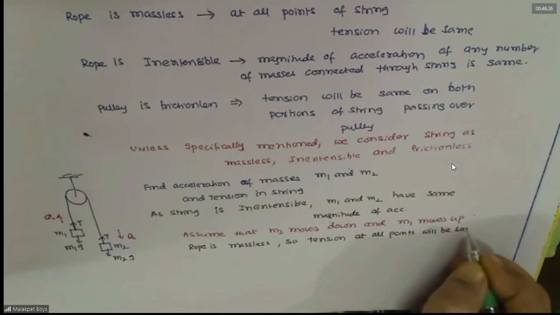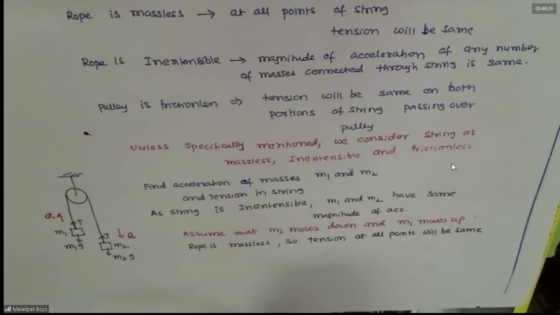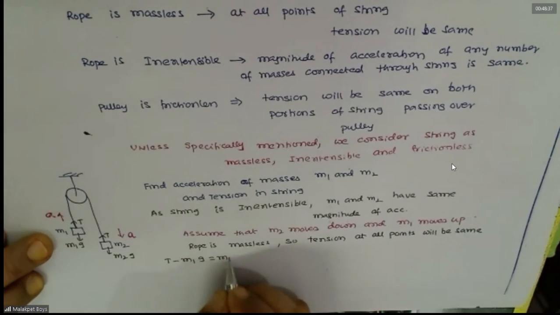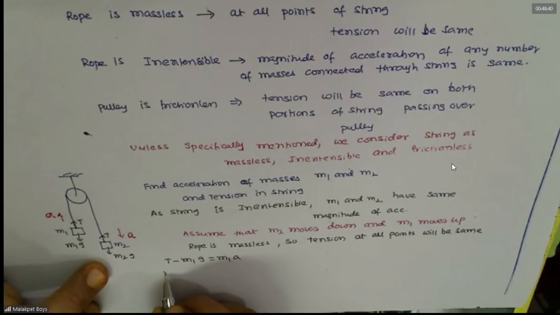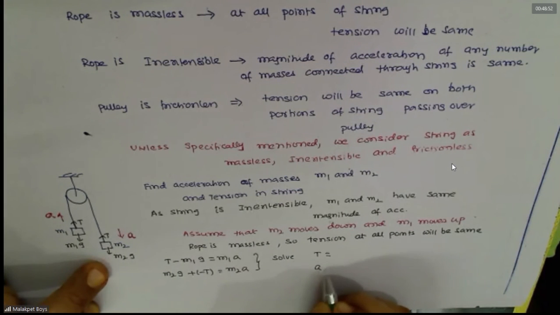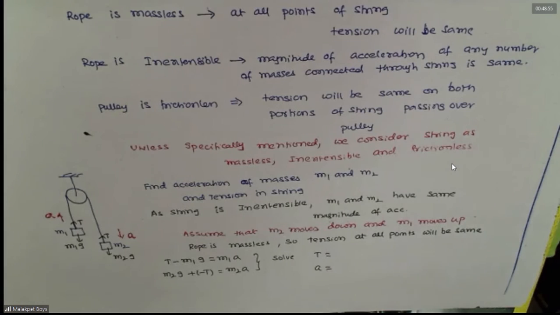Now apply for this: T minus M1G equals M1A, no? For this block, agreed. Net force in the direction of acceleration is mass into that acceleration in that direction. Understood this? Yes, sir.